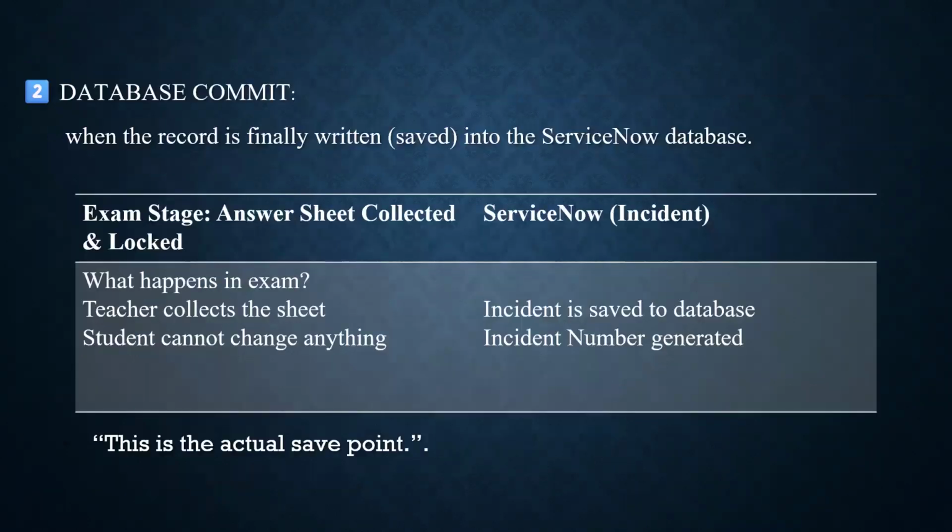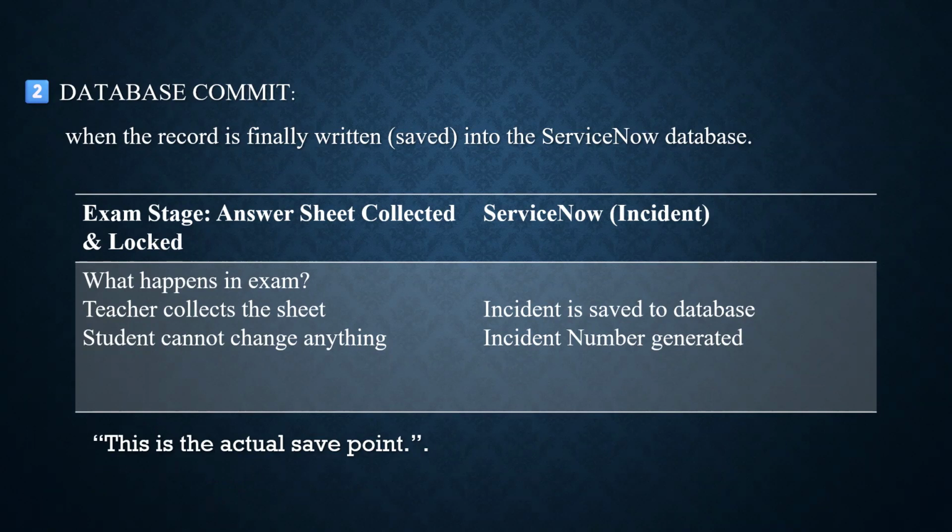Then the after business rule. After submitting, the data should be saved when the record is finally written into the ServiceNow database. Let's compare with the examination. The answer sheet will be collected and logged. The teacher collects the sheet. The student cannot change anything.